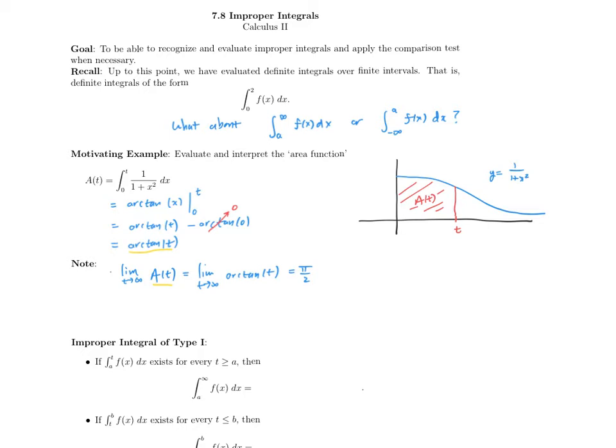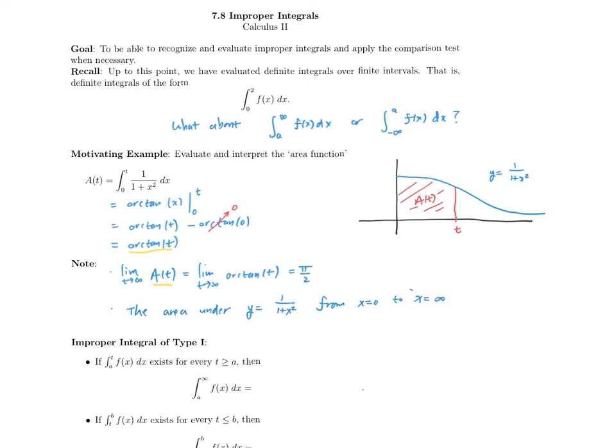So just to put this in a statement, hopefully clearly explaining, we have found that the area under the curve given by the equation y equals 1 over 1 plus x squared, from x equals 0 to x equals infinity.